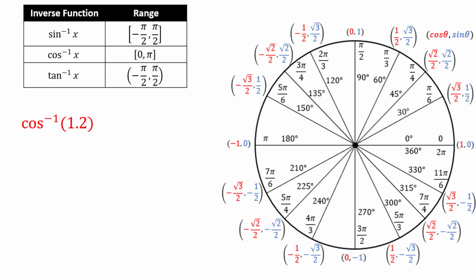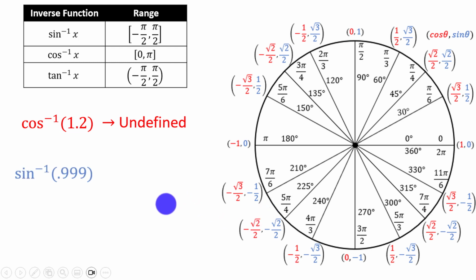The largest cosine can be is 1, and that would be at 0 or 2 pi or multiples of 2 pi. We're never going to get a cosine equal to 1.2. So that means there is no solution here. This is undefined. This comes back to the domain of inverse cosine being from negative 1 to 1. We can't plug in anything higher than 1 or less than negative 1 because it's nowhere to be found on the circle.